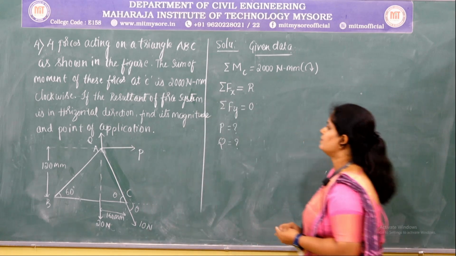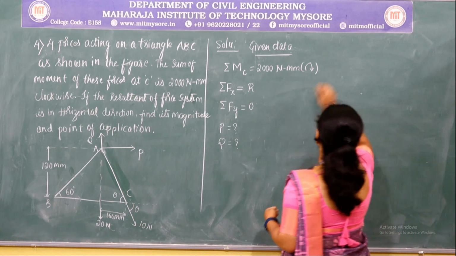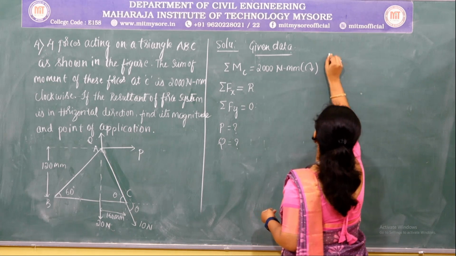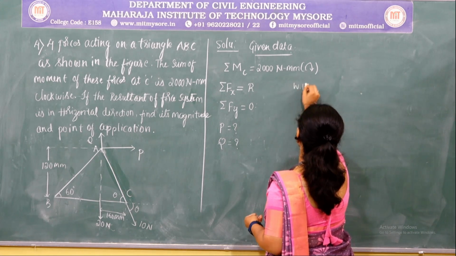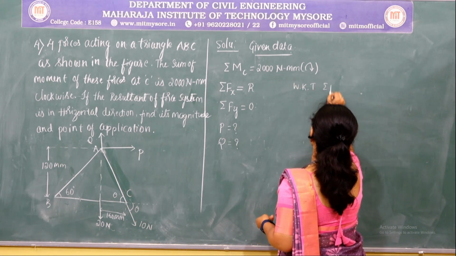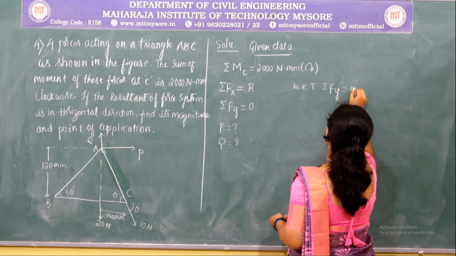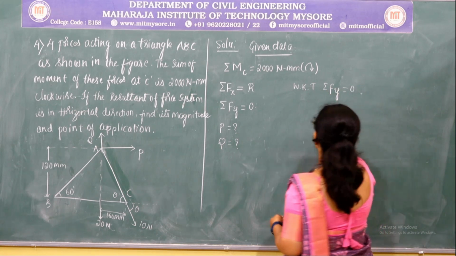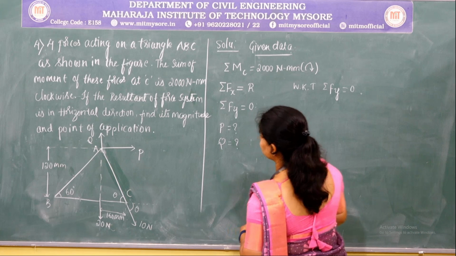So we know that summation of Fy is equal to 0. Let us consider all the vertical forces now.